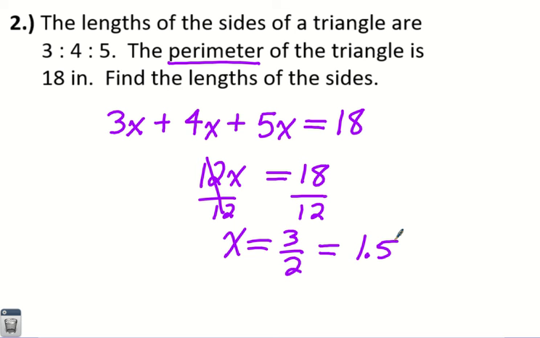But even as I say this, as we talk about what this should look like, is this even the final answer? Find the lengths of the 3 sides. 1.5, guys and girls, is not even one of the sides. 1.5 is the something that we were multiplying to the 3, 4, and 5.